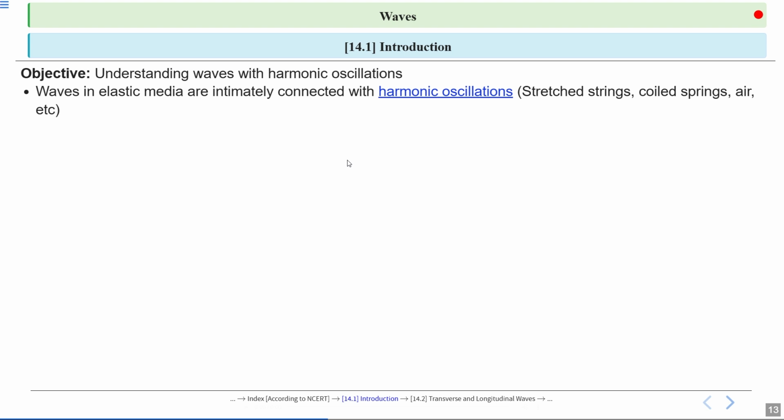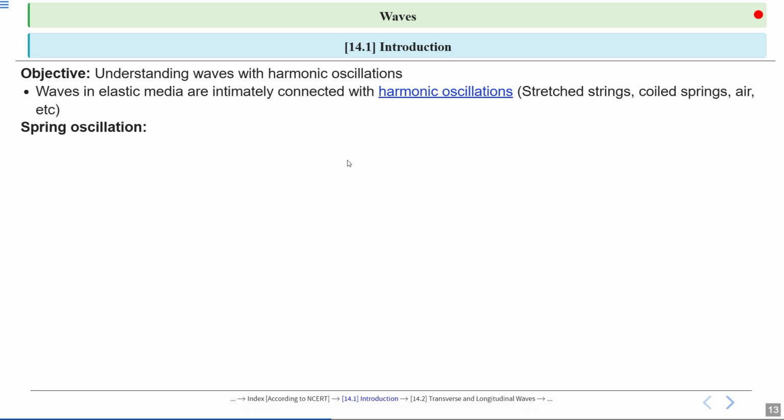All these systems can undergo harmonic oscillations, which means they move back and forth in a regular pattern. This motion is the foundation for how waves travel through these materials.